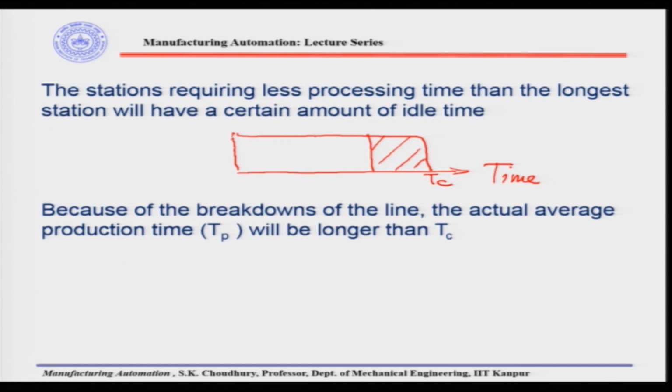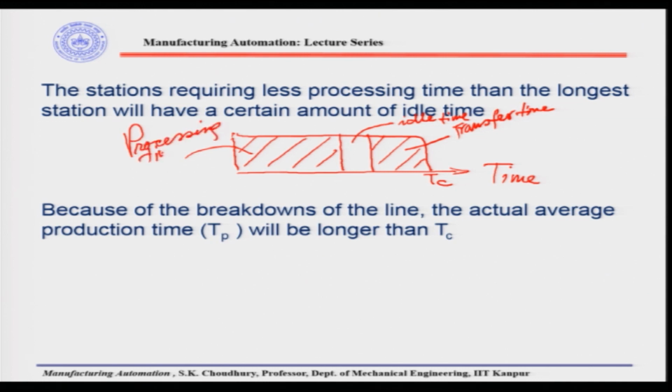Now, those machines which need less time than the longest processing time need some idle time. So this is the idle time. This is the transfer time, and this is the processing time.